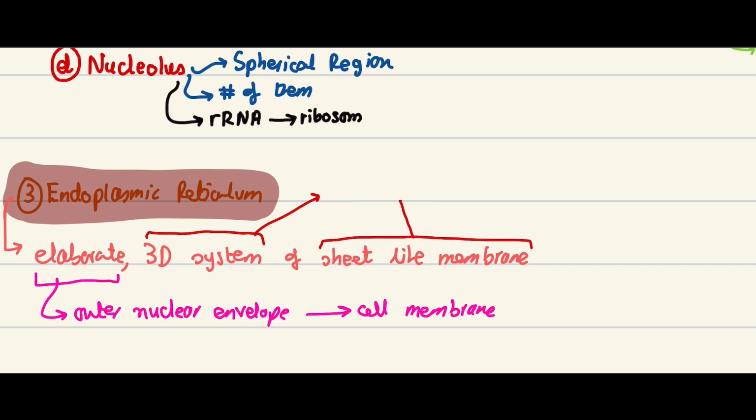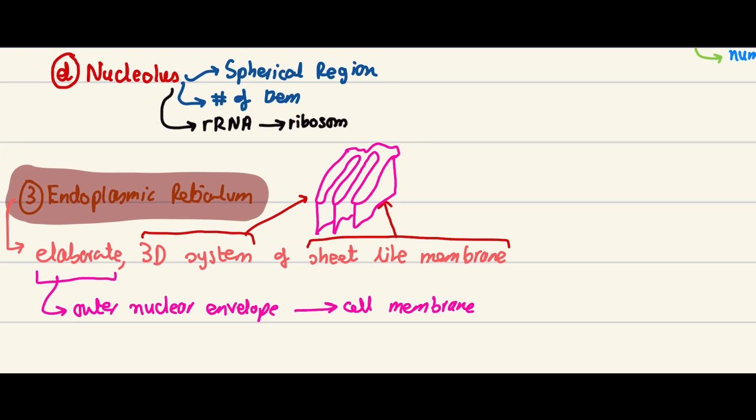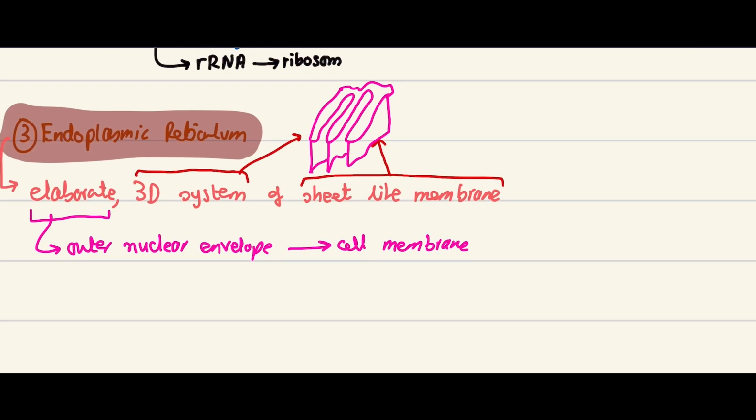So sheet-like membranes. What this means is, let's take pink. It's sort of like these membranes, and they're three-dimensional, so they're extending like this, and it's a bit difficult to show it to you guys over here. However, I do have a diagram and I'll show that to you guys as well, and it'll all be clear. So we are done with a brief introduction of the endoplasmic reticulum. Let's move on.